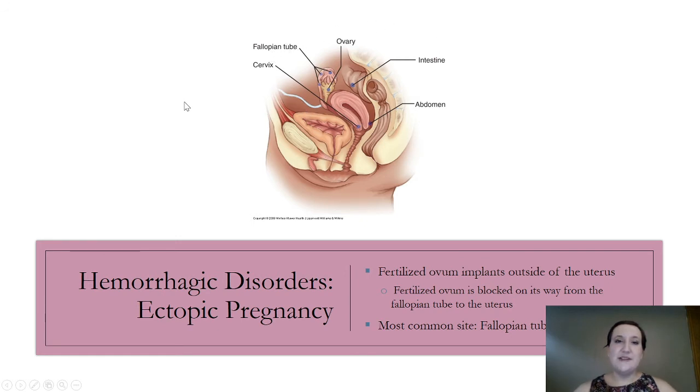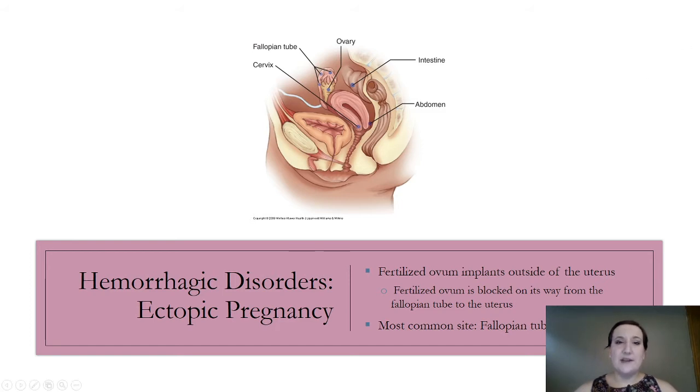So typically something is happening between the ovary and the fallopian tube, in which this little fertilized ovum migrates its way somewhere within the abdominal cavity and implants itself. Well, if it implants itself on the intestine, it's going to get a little bit of nutrition, it's going to be able to suck a little bit of life out of that intestine, but that intestine is not going to be able to tolerate a pregnancy.